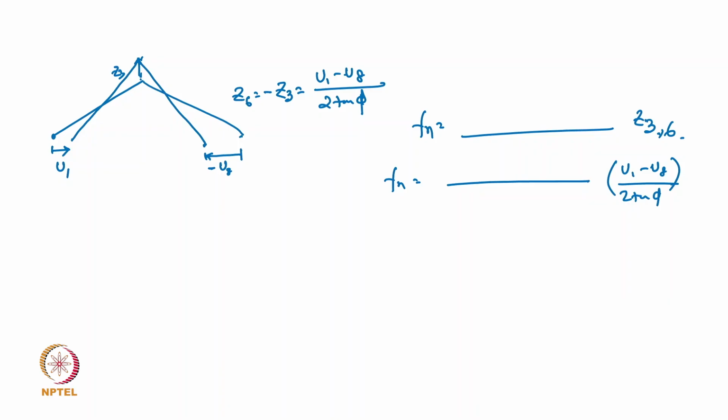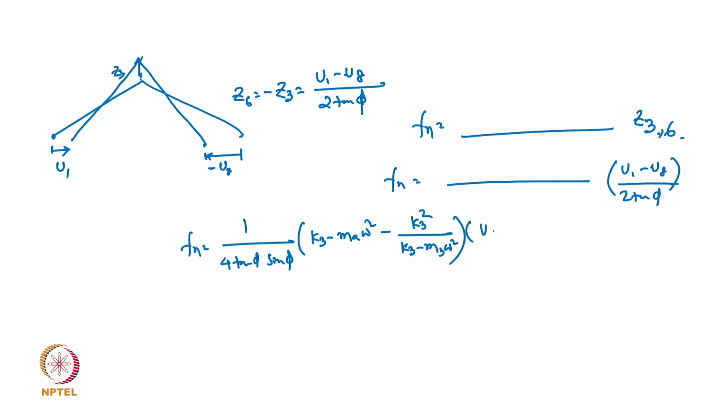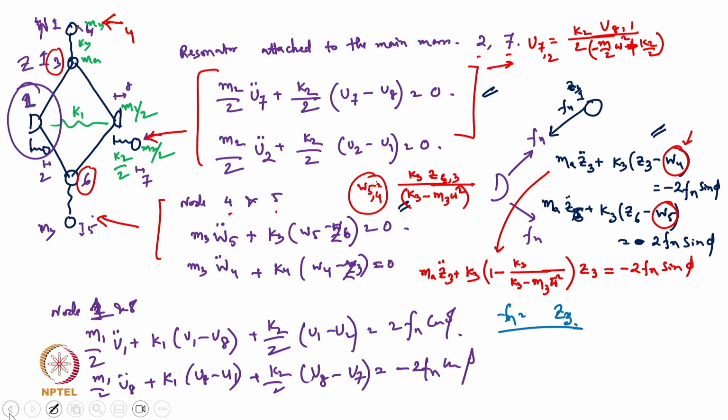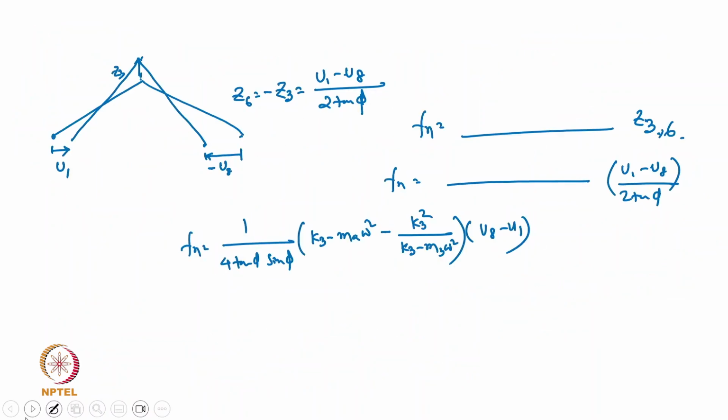So from here what can we write exactly? Fn should be equal to 1 divided by 4 into tan phi into sine phi into k3 minus ma omega square minus k3 square divided by k3 minus m3 omega square into u8 minus u1. That we can get from the previous one. So you can see here, we can write Z3 like this, substitute it back there, and get Fn in this form.